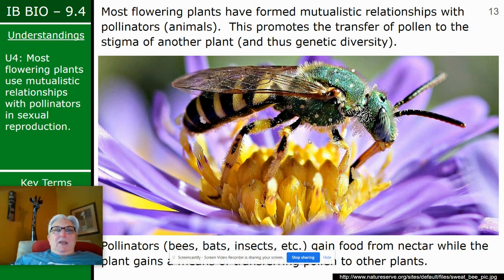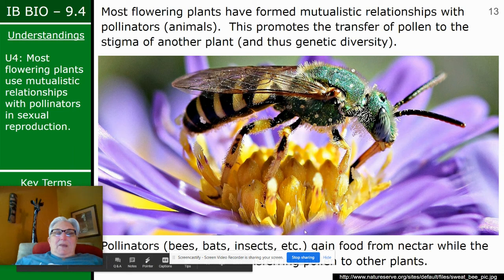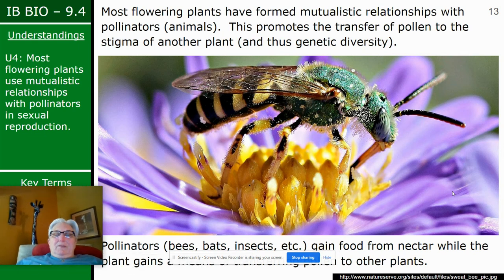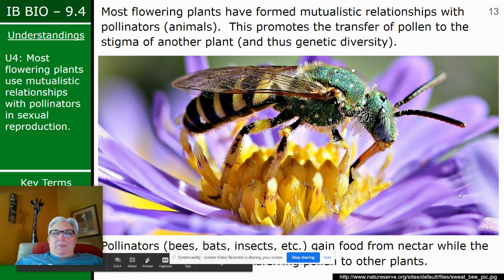So when we look at so many of our fruits and things, they are here because they have come from the process of pollination. So it doesn't matter, like I said, if we're talking about bees, bats, insects, birds, hummingbirds, for example, what they're going to do is transfer, right? They come into the flower looking for nectar.